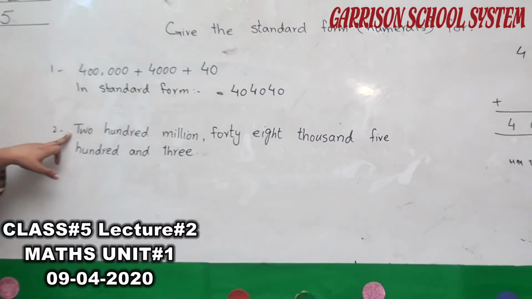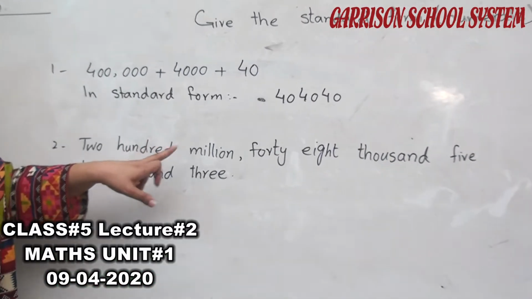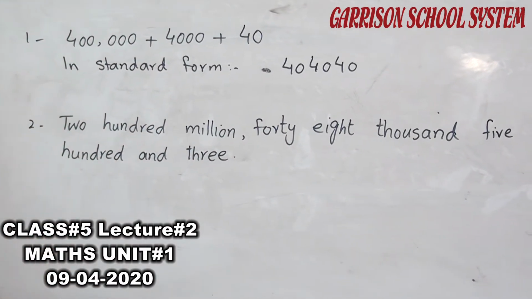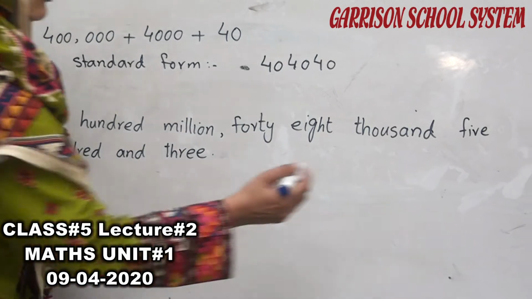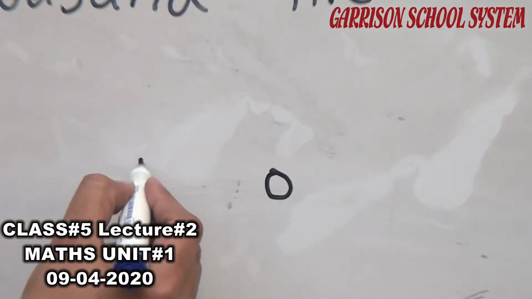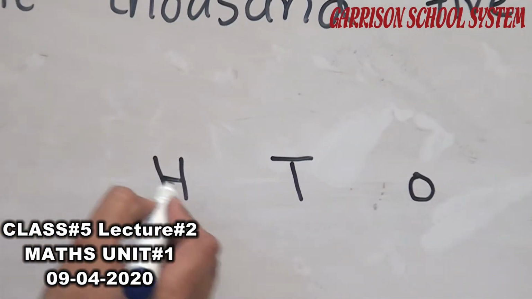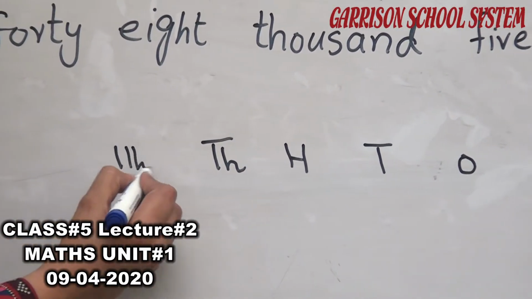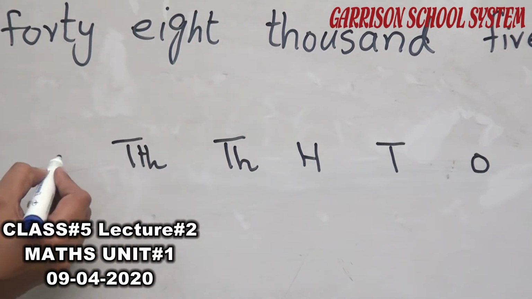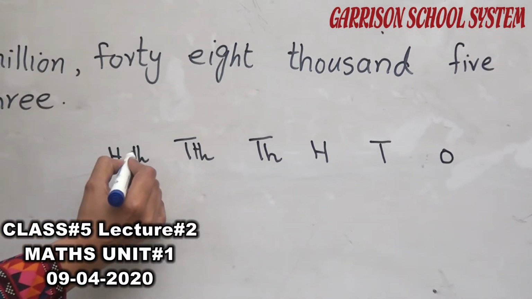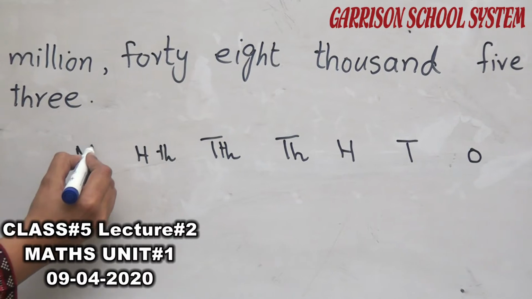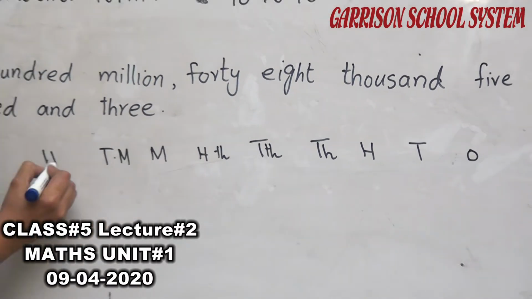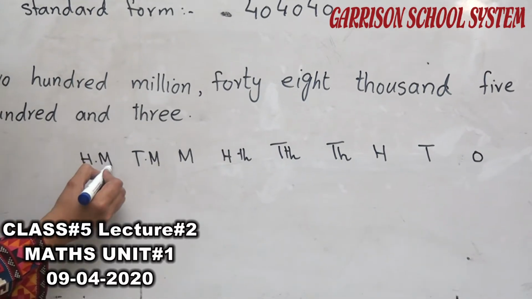Students, this is question number 2: 200,048,503. So here we need to write ones, tens, hundreds, thousands, 10,000, 100,000, million, 10 million and 100 million.